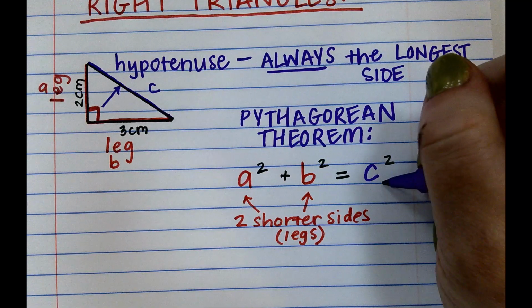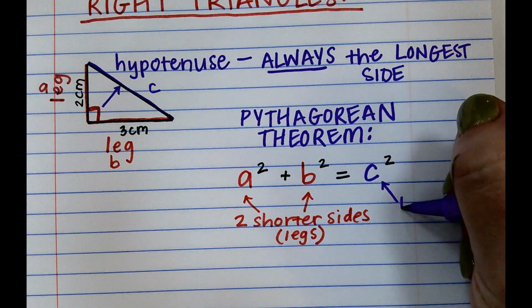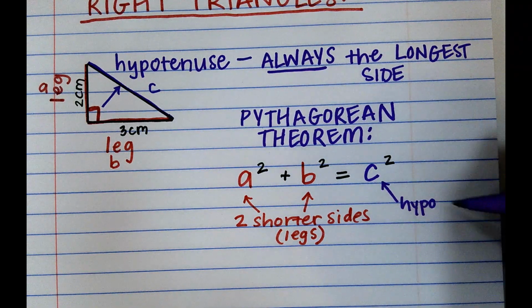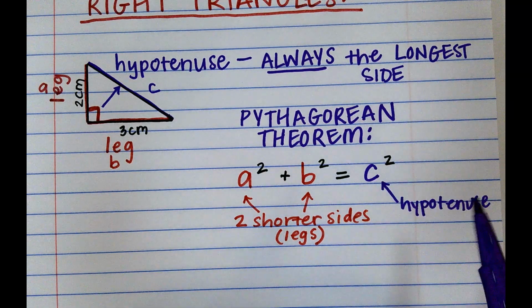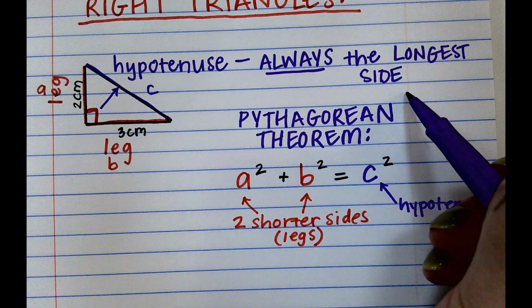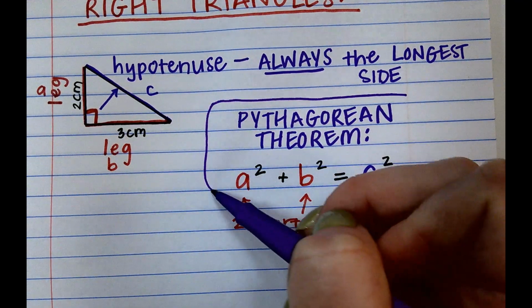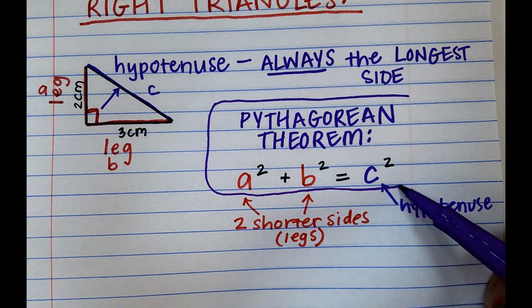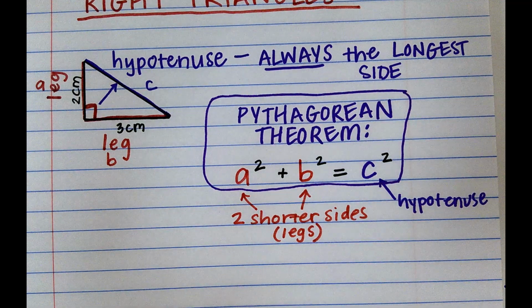And C is the hypotenuse, or the longest side. Circle that. This is an important formula. Pythagorean theorem.